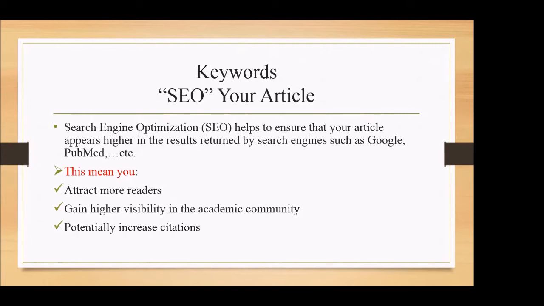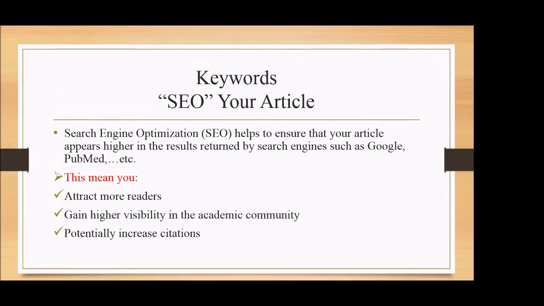For example, let's say I want to do research about flipped classroom. I use it as a keyword in a search engine such as Google, PubMed, etc. So when you use the keywords wisely, you attract more readers and gain higher visibility in the academic community, and also potentially increase your citations.